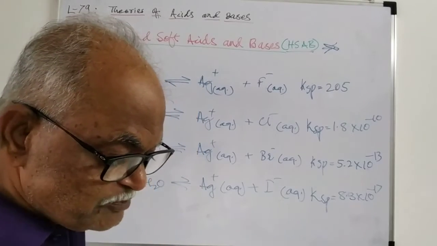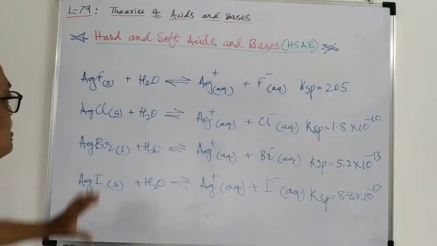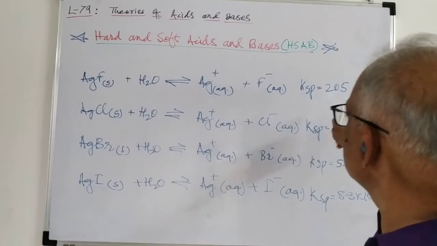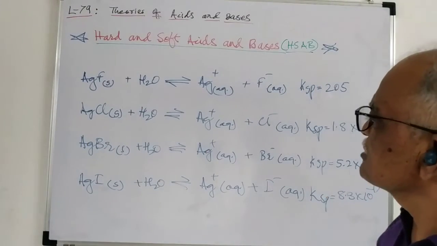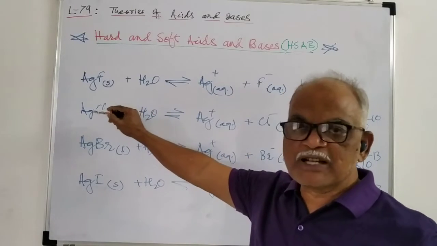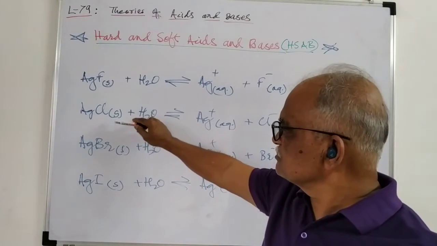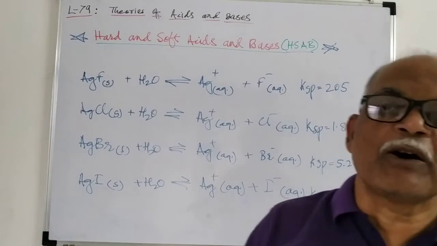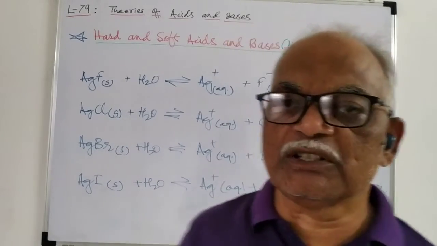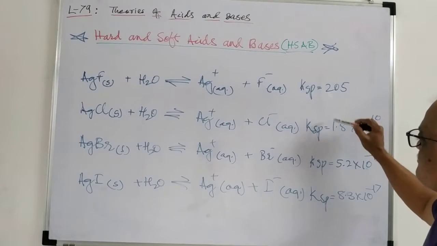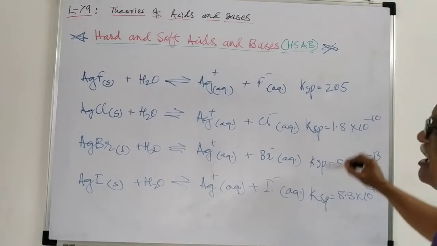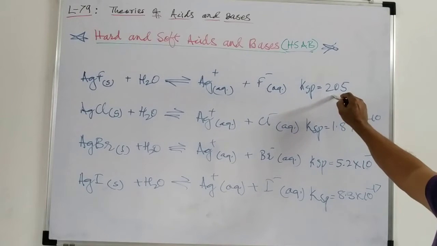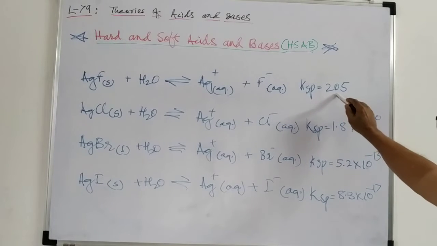If you observe these reactions and their solubility products, and if we compare all these reactions with each other, their Ksp values are different. In the first case of AgF, the Ksp value is maximum, that is 205.